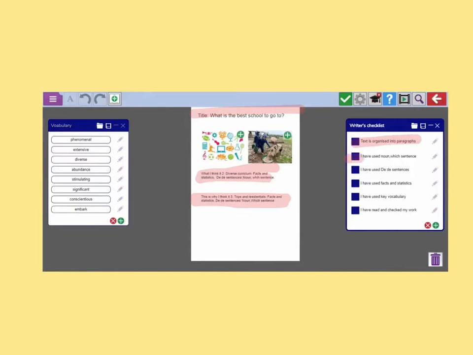You should use noun-which sentences, DD sentences, facts and statistics. At the end, make sure that you're using key vocabulary in your text. Remember, your key vocabulary is available at all times over here. If you hover over it, you are going to be able to see the meaning of them in case you just forgot.